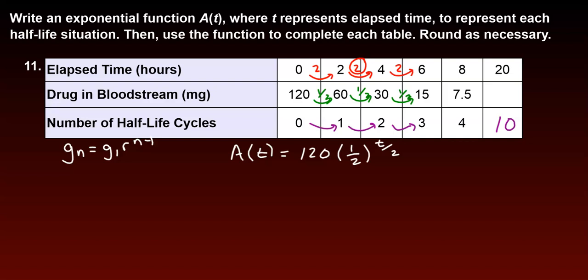And then we're going to take our geometric function and put it into an exponential function. So we have A of t equals 120, and we're going to take that t over 2, or the half of t, and we're going to split it up as half times t, so that we can take that half and we can move it inside the parentheses.